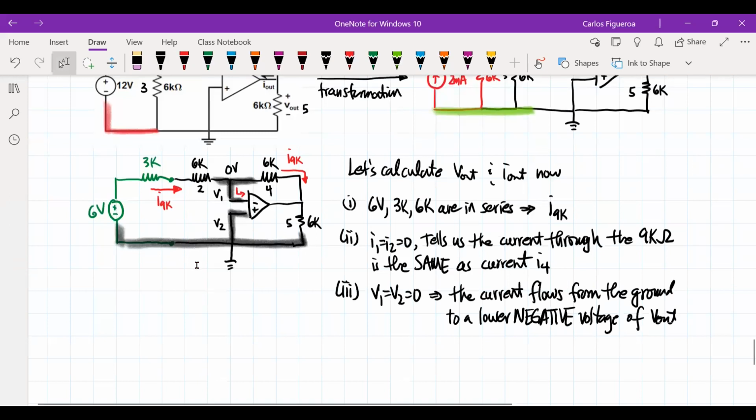So if I come in here and I put a node right here, this node, vout, this node right here has to be negative.